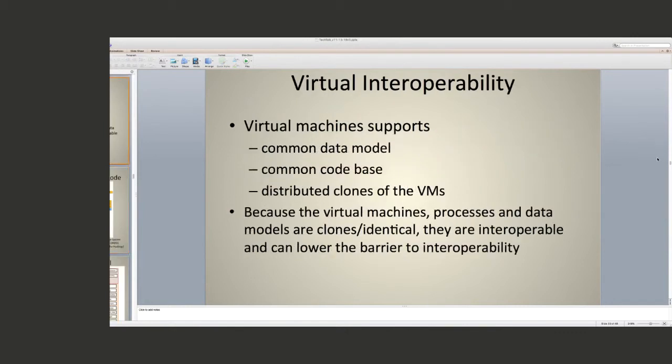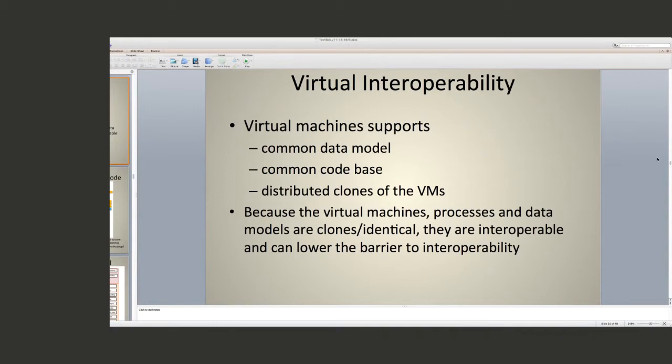Yes. And part of that, in having that compute on the data, is you have common data models that the system can use, common code base, and distributed clones of the virtual machines. The idea here is, we saw that earlier definition from HIMSS, almost written by a consultant, on what interoperability is. To achieve it is extremely hard.